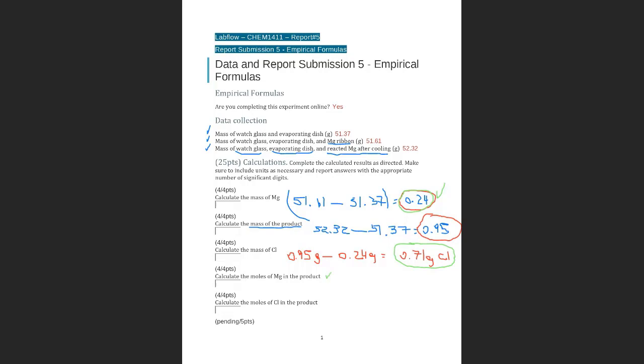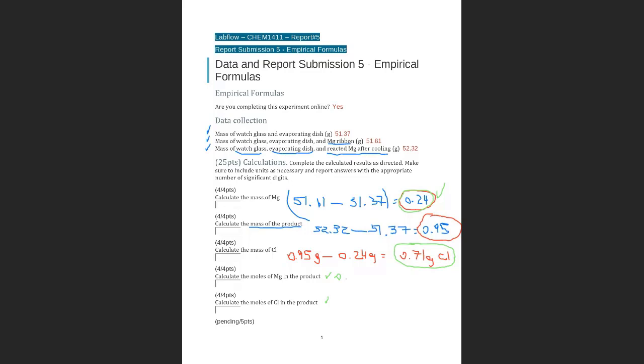They ask you for the moles of magnesium, moles of chlorine, and then calculate the empirical formula in the same way that we did it. So how are you going to calculate the number of moles in the product? You know that you have 0.24 grams.